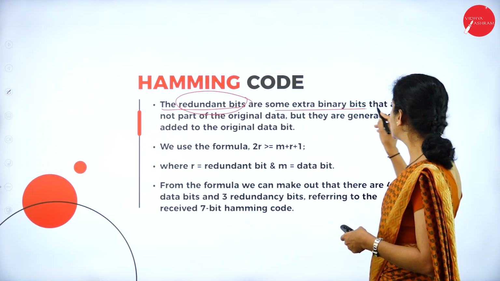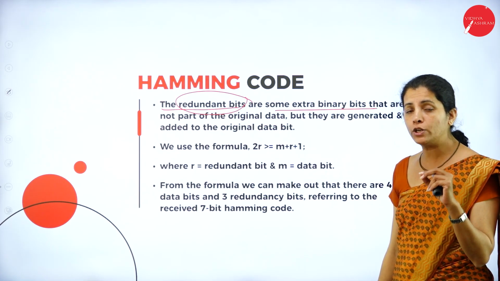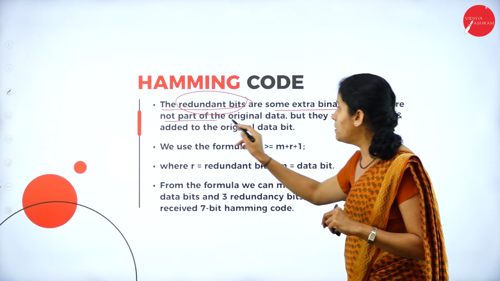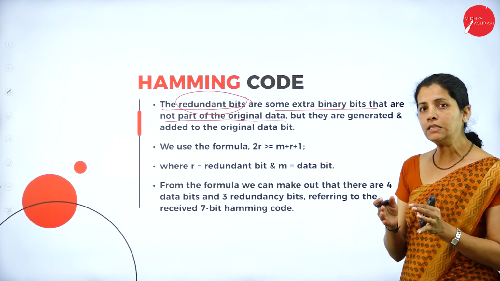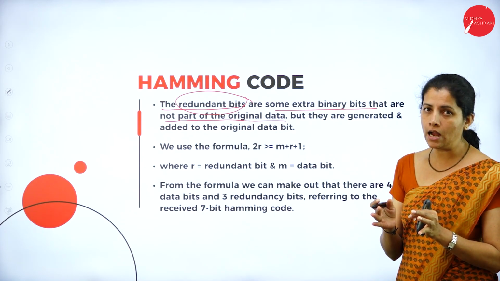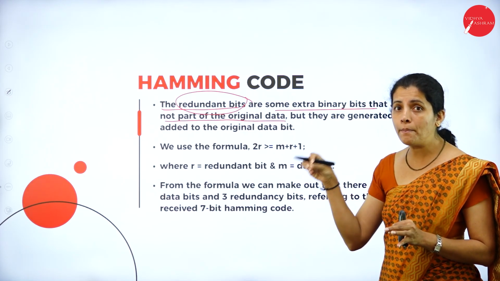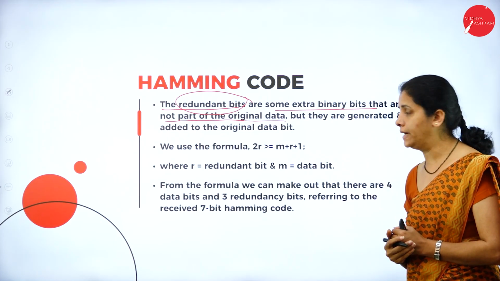I am going to append some extra bit to the original data bit. It's not part of the original data. So if I consider original data, for that I am going to append the extra bit, and that extra bit is called redundant bit.